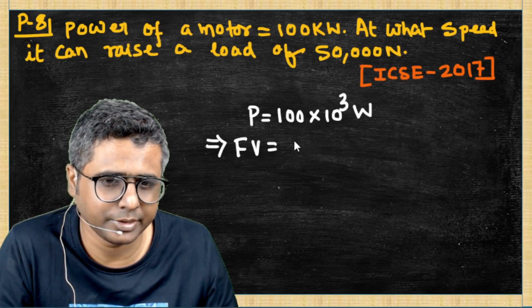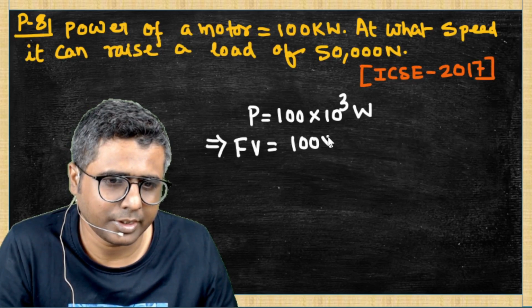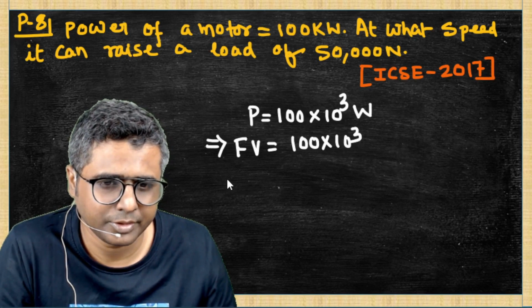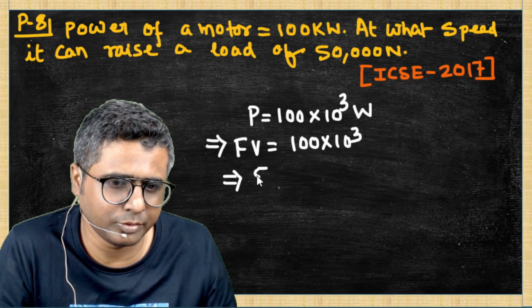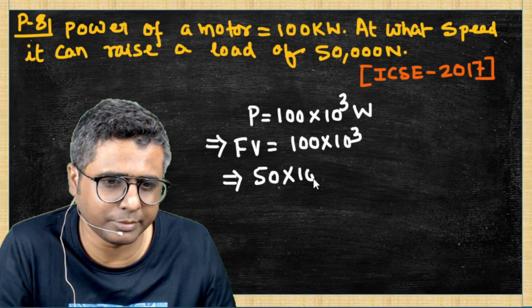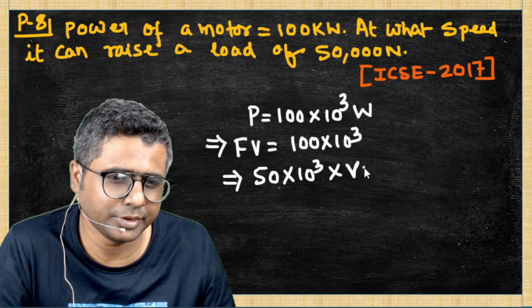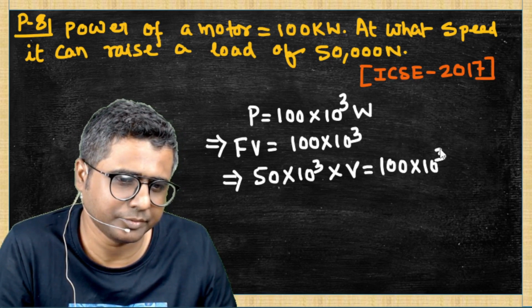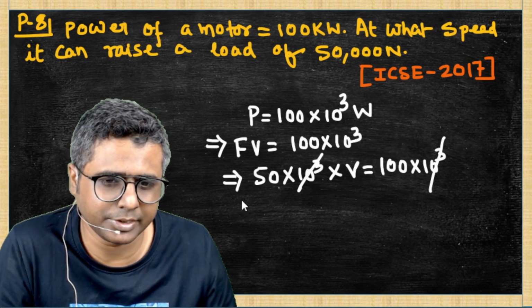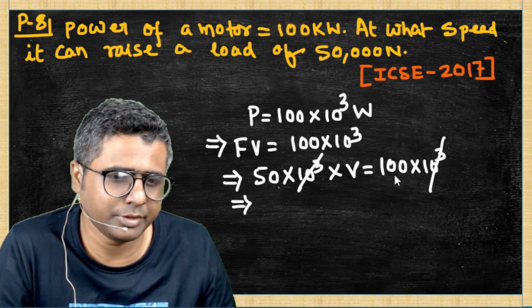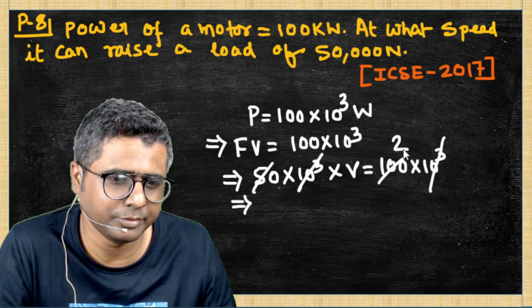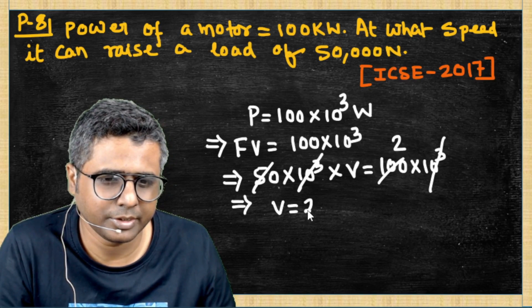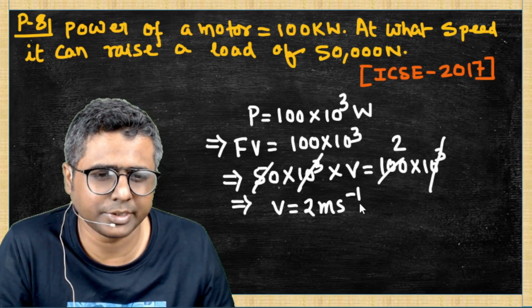Force into speed is equal to 100 into 10 to the power 3. So 50 into 10 to the power 3 into velocity is equal to 100 into 10 to the power 3. 10 to the power 3 cancels out, and 50 cancels 100 by 2. So velocity will be 2 meter per second.